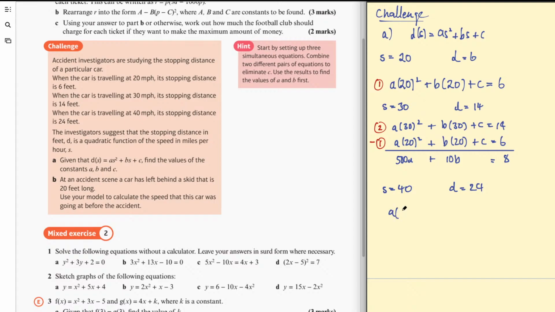So a times 40 squared plus b times 40 plus c equals 24. Again, just plugging everything into that function. Now we could create another equation in terms of a and b. If I call this one equation 3, this is in terms of a and b. And this is equation 4. Lots of different equations here.